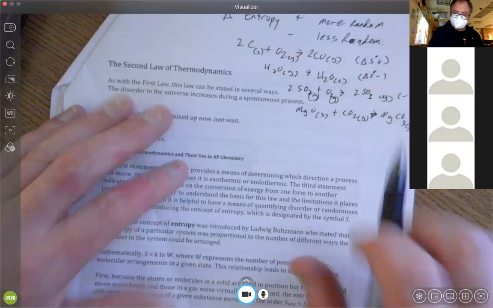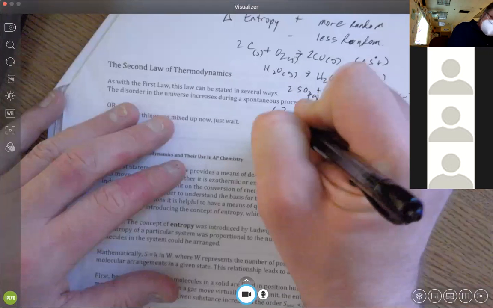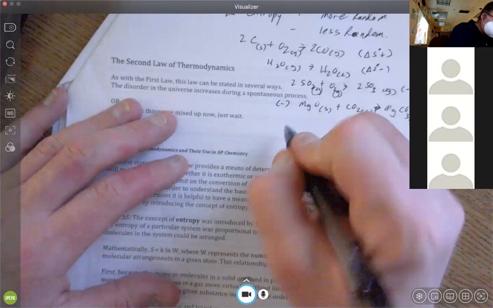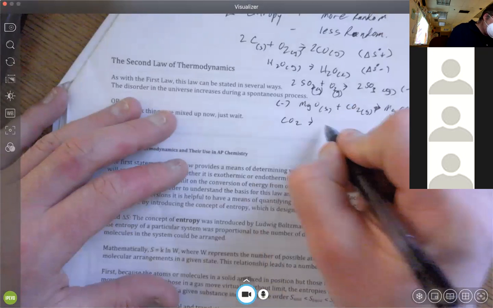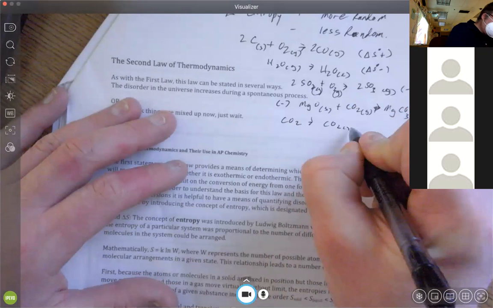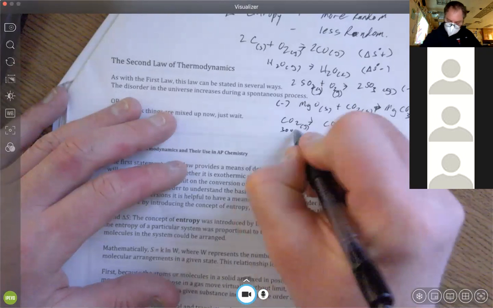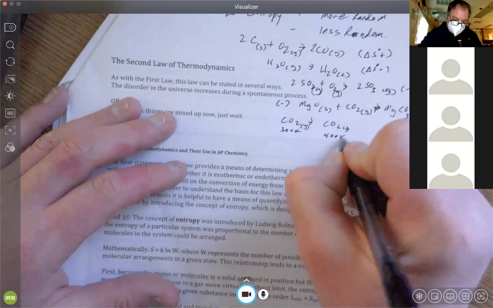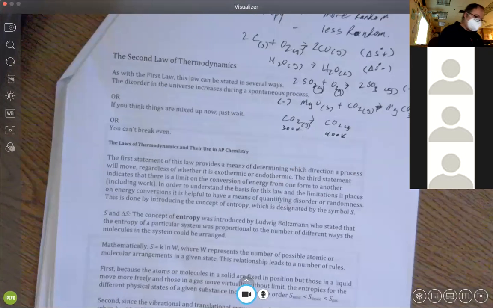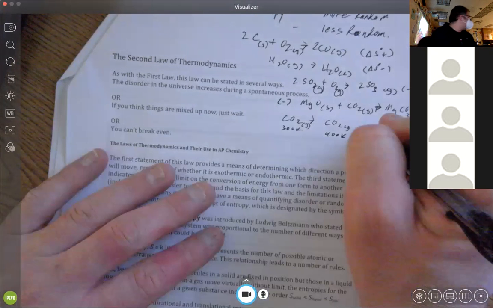More organized. How about CO2 going to CO2? Both of these are in the gas phase. This one is at 300 Kelvin and this one is at 400 Kelvin. Yeah, right? More energy, more random. The particles are moving faster.